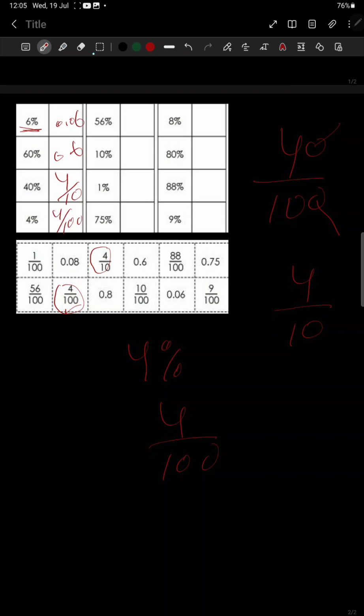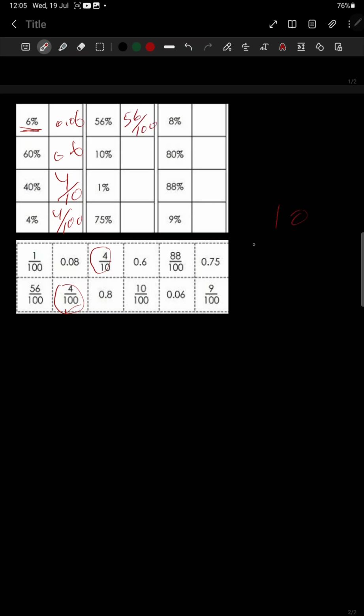Now 56%, so we are supposed to find the answer of 56%. Related answers, this is 56, only one answer, 56 over 100. 10% means obviously 10 over 100, so we have an answer over here, 10 over 100. It is easier. 1% means 1 over 100, so this is 1 over 100. 75% means 75 over 100.